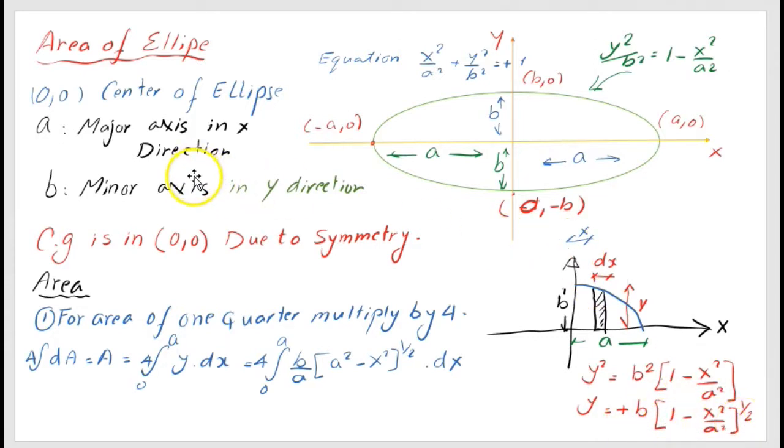What about the CG? The CG will be at the intersection of x and y. We have x as an axis of symmetry. The two areas above x equal the two areas below x, and similarly for the y-axis, the two areas on the right equal the two areas at the left of axis y.